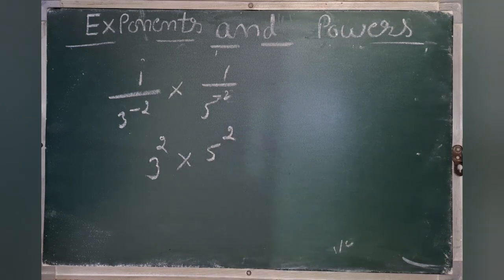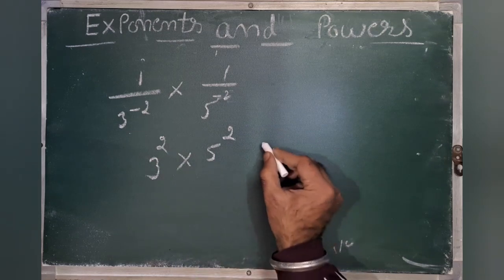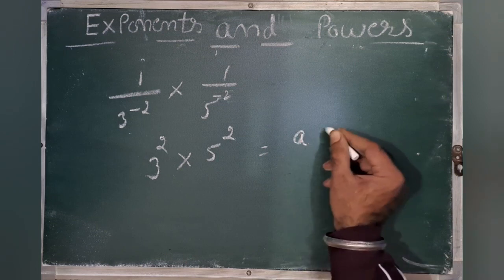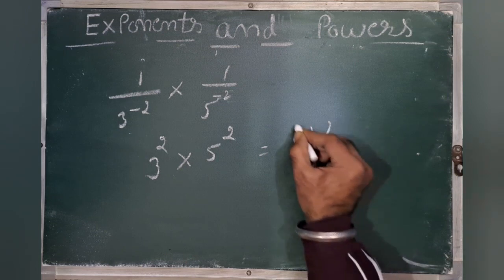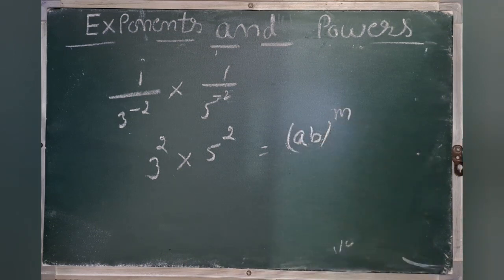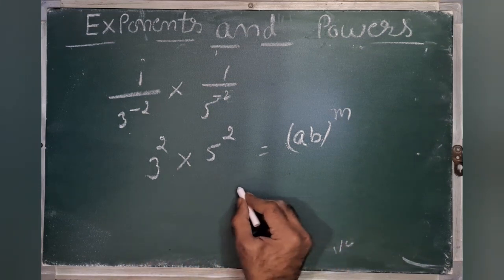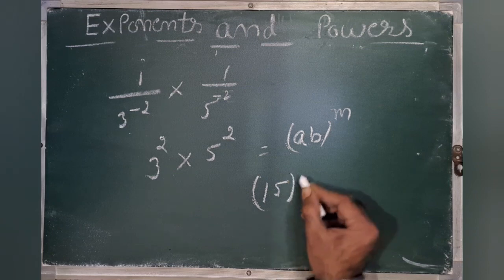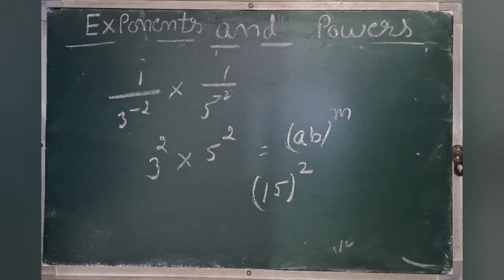So this is case 4 when the power is same. Then what do we do? We multiply the base. If (ab) whole power is m, so we multiply. So 3 multiply 5, that is 15 and the power is 2.